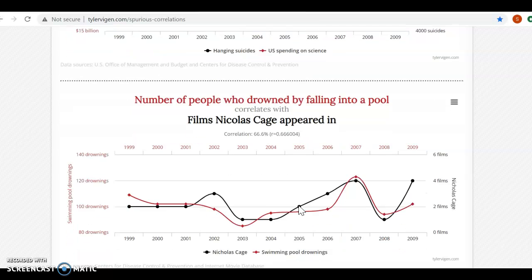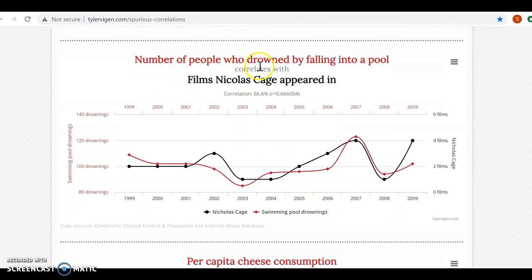Okay. These are some of my favorites. The number of people who drown by falling into a pool, and the number of films Nicolas Cage has appeared in. You can see there is a correlation. The more films he's in, the more drownings there are. So are we saying that people watch films and then go drown in a pool? I don't think that's what's being said here.